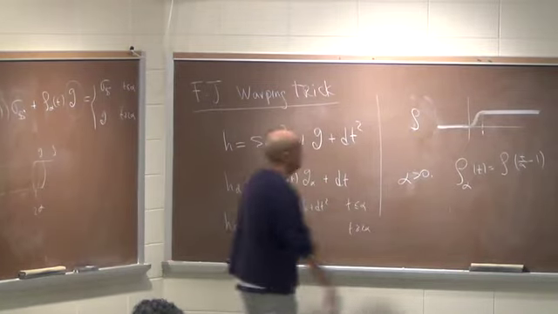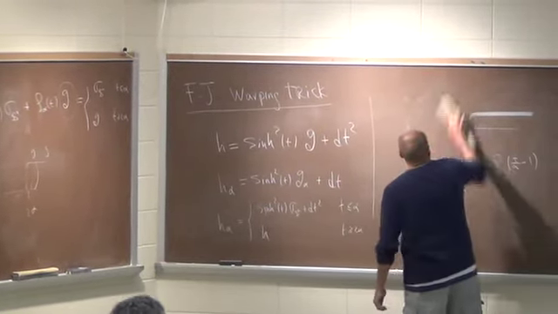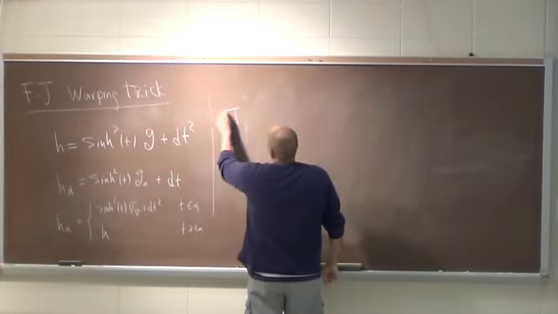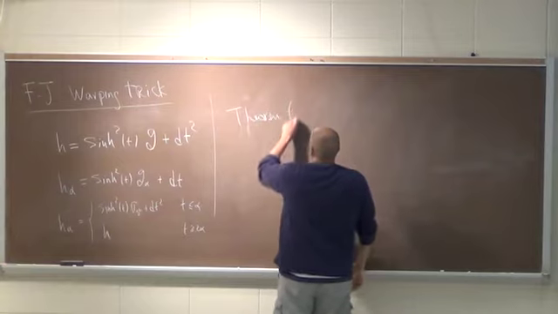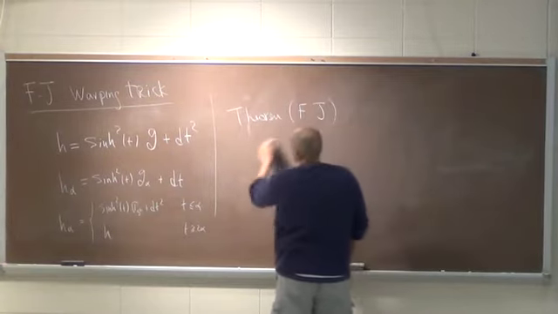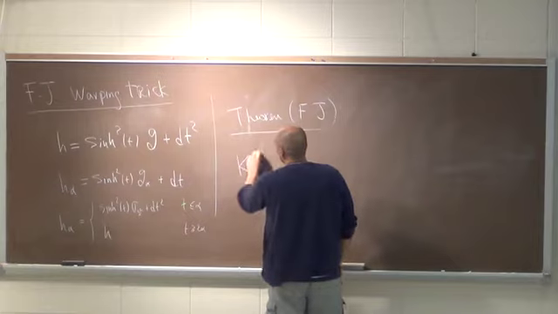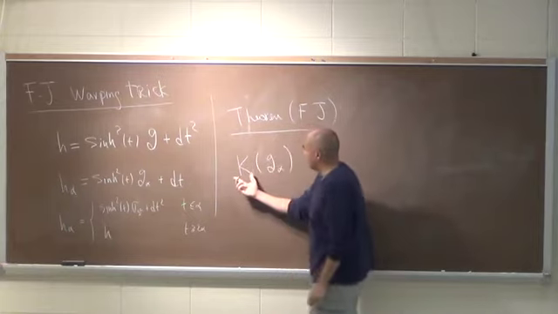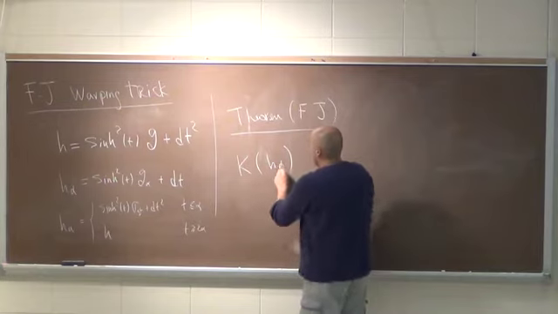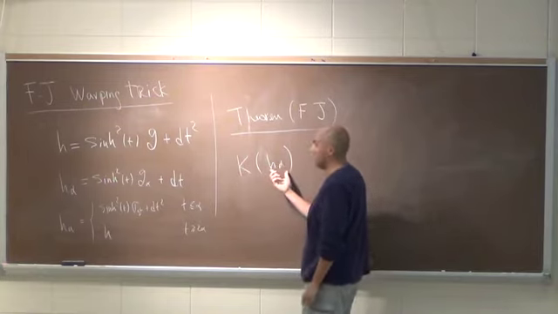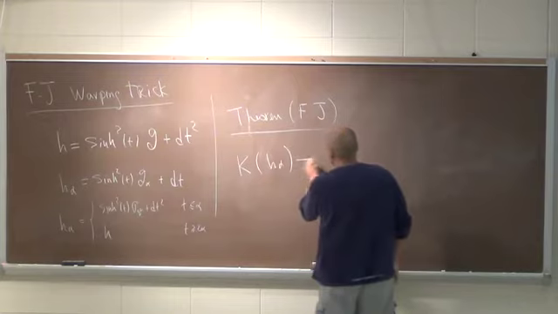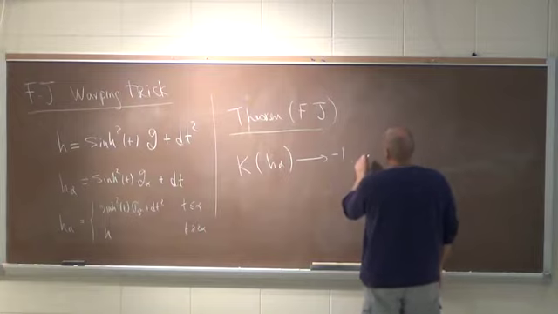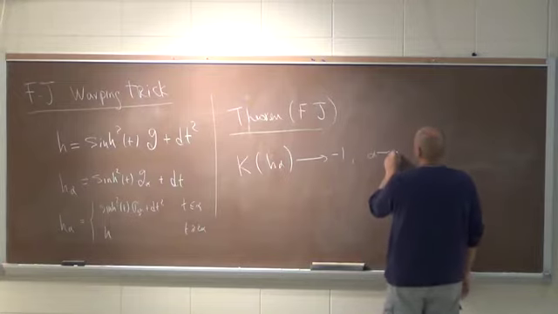But the important thing here is that the theorem says that the sectional curvatures, I'm using the notation K, of this metric, it's a short notation, tend to -1 uniformly as alpha tends to infinity.